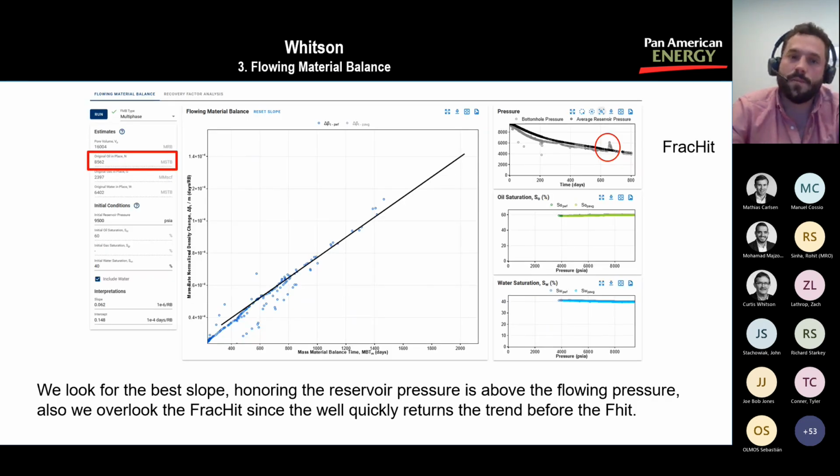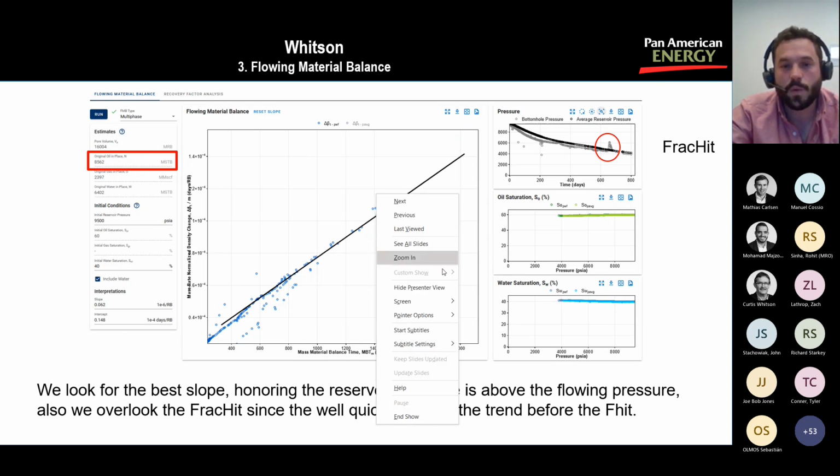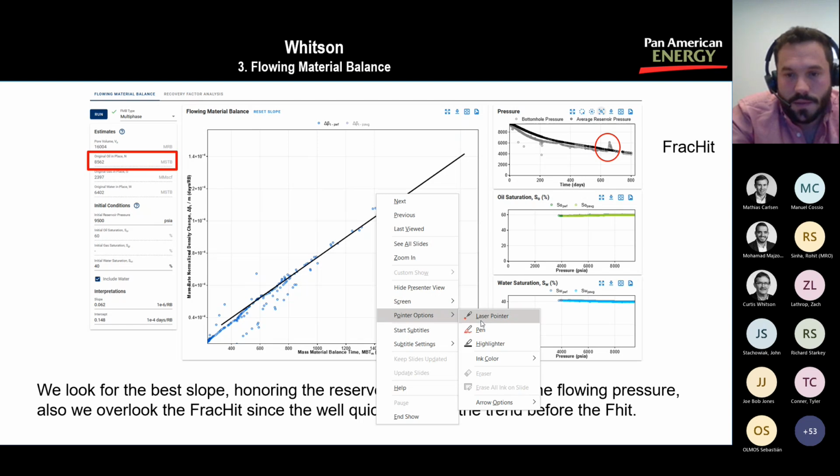Before going to the analytical, we perform the flowing material balance, and in the flowing material balance, we start selecting different slopes. Here is just a section of the plot. So we start defining the original slope. And let me use the pointer.